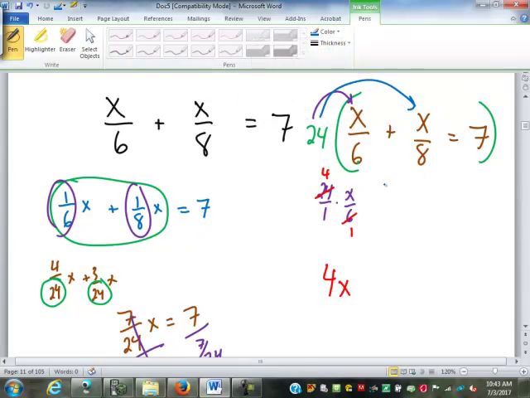24 times x over 8. Well, 24 over 1 times x over 8. The 8 and 24 cross cancel, give me 1 and 3. They both divide by 8. So 3 times x is just 3x. Equals 24 times 7, 168.